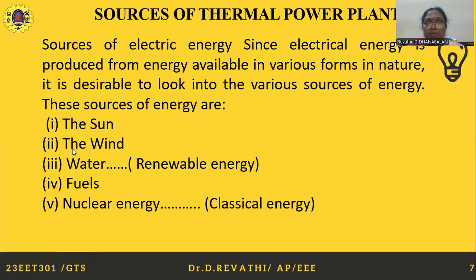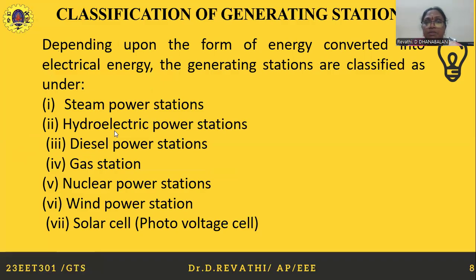Now, the classification of generation stations: based on the energy, we classify them into steam power stations, hydroelectric power stations, diesel power stations, gas stations, nuclear power stations, wind power stations, and solar or photovoltaic cells. These are the power stations we have to generate power. They are classified based on what type of energy we use, and how the energy is converted from source to distribution area.